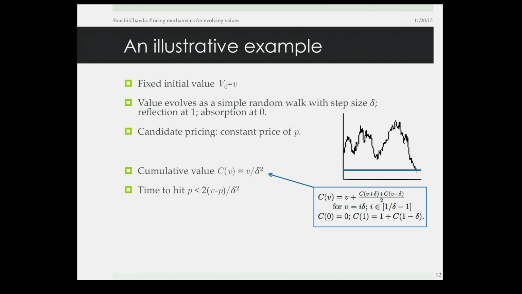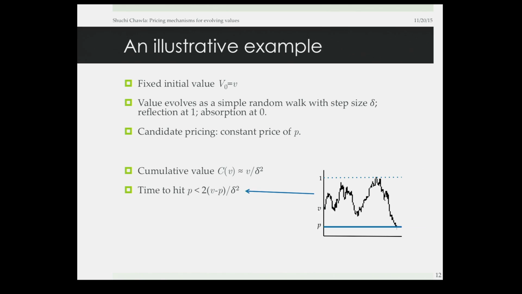On the other hand, if we look at how long this mechanism accrues this risk-robust revenue, this depends on how long this random walk takes to hit this price P. We can analyze that because this is a simple random walk. There is reflection at 1 happening, but we can unfold the random walk around 1.